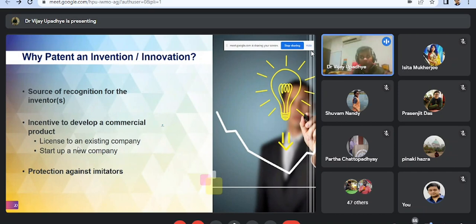Then the nine different types of IPR, why patent is the most dominant one, and copyright is the simplest one, along with industrial designs, trade secrets, trademarks, integrated circuit design, plant varieties, and geographical indications. But if you are from the science field, the main prestige goes to the patent: product, process, and prototype. For the product, I give you the example of a fan.